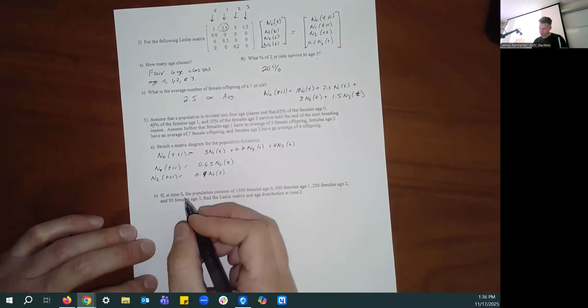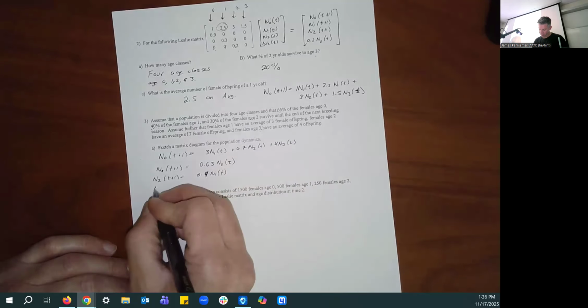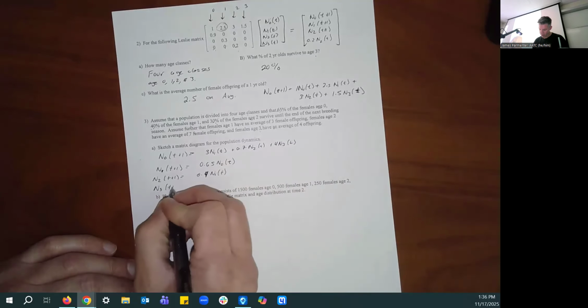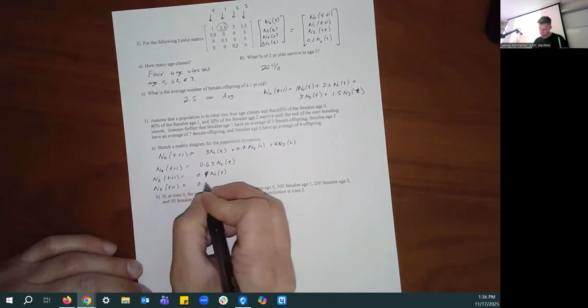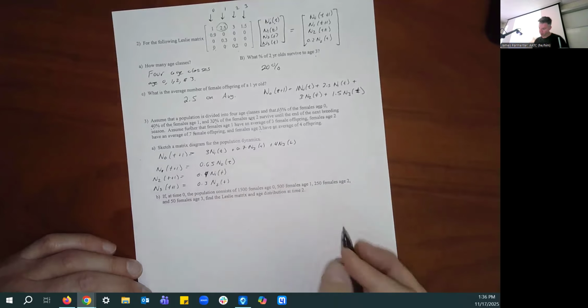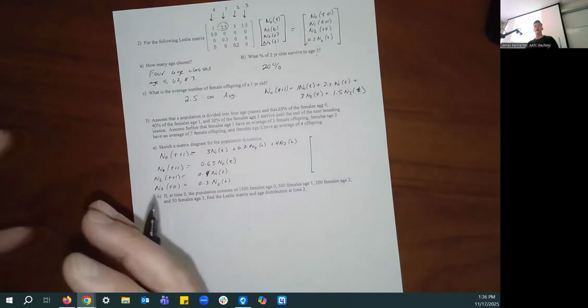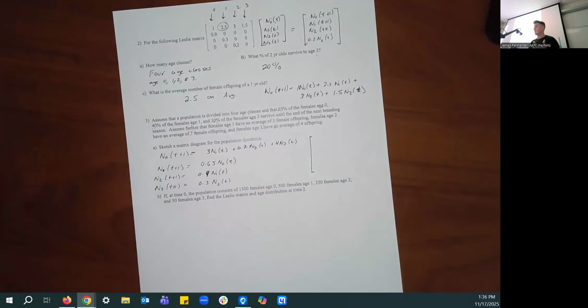And then finally, 30% of females age 2 survive till next year, so the number of 3-year-olds next year will equal 0.3 times the number of 2-year-olds this year. Okay, we should be able to make the matrix out of all this. I don't think you necessarily have to do that. It's just what I'm doing to make it make sense in my head.